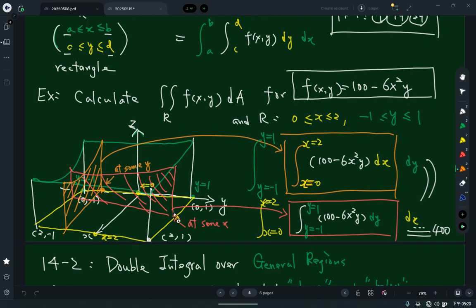So that means no matter at which point, your function value is always 1. So finally, actually the area size is the same as the volume size.